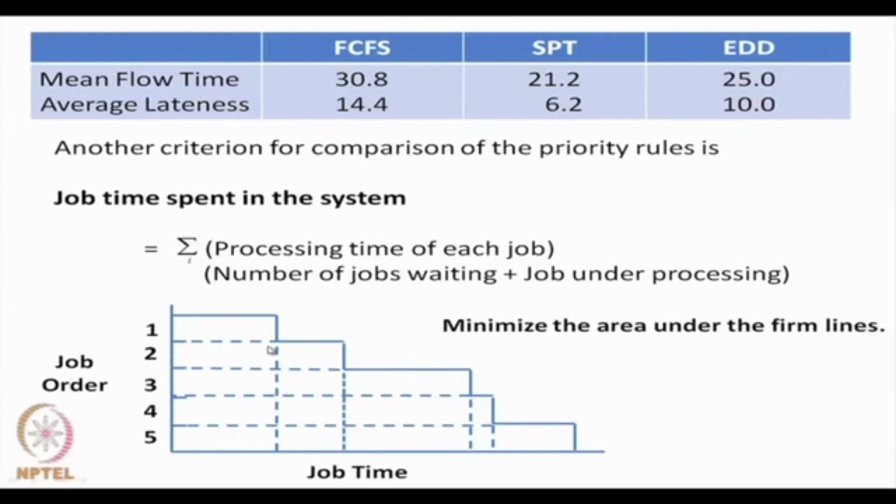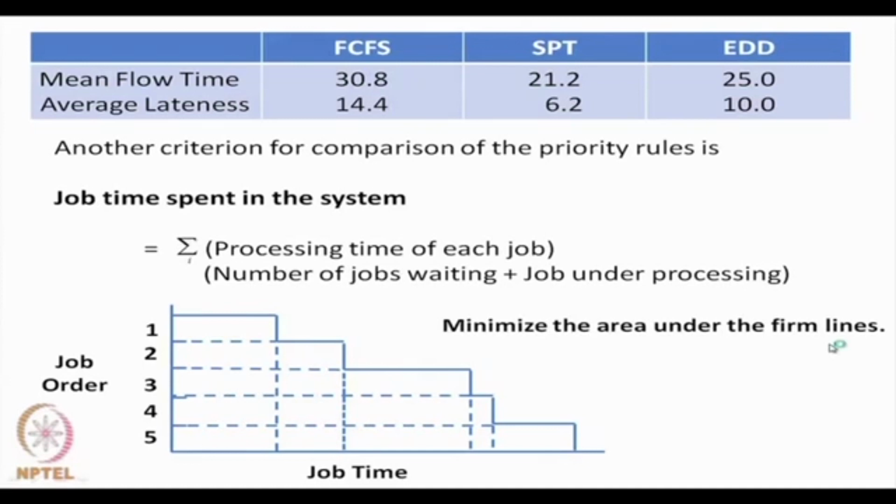The number of jobs waiting here is 4, plus 1 job being processed. So, 5 jobs multiplied by the processing time of the first job. Similarly, the next one, and the next one, and the next one. If all of these are added, this is the area under the flow lines, and one has to minimize that area.